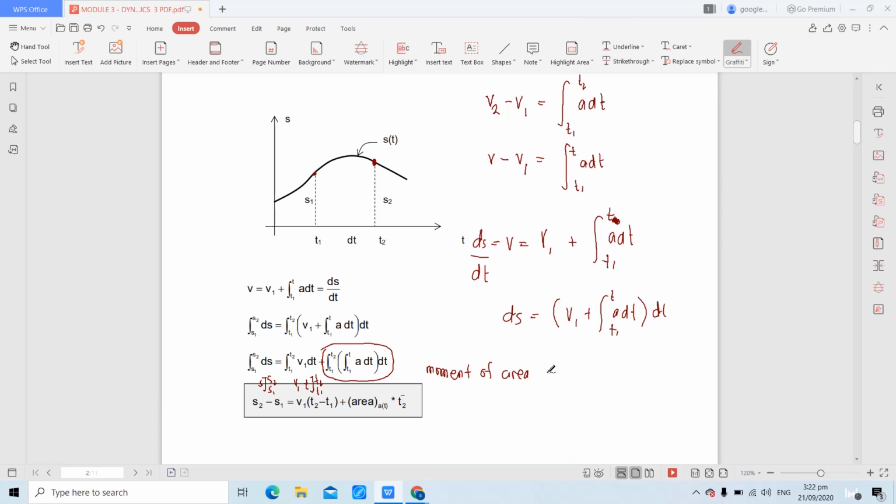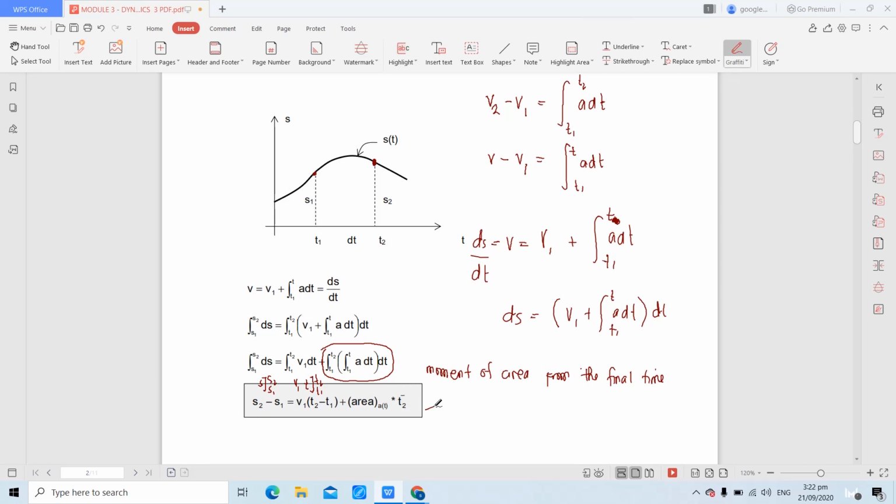The moment of area projected to the final time. I-moment lang daw natin yung area ng acceleration versus time graph sa final time, or that is the product of the area of acceleration versus time graph and yung distance ng centroid ng area na to papunta kay final time.